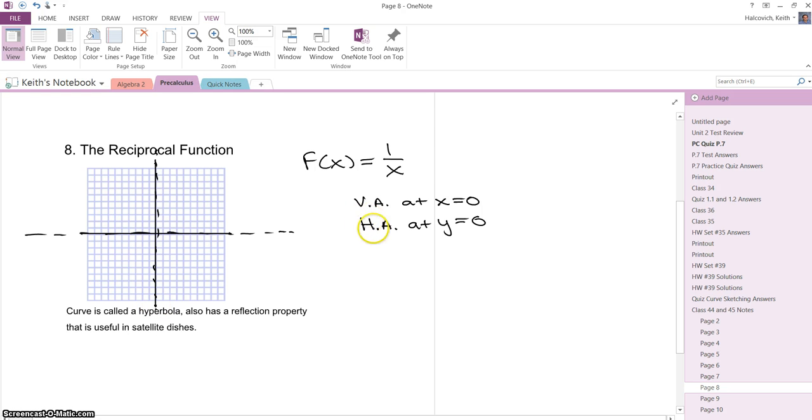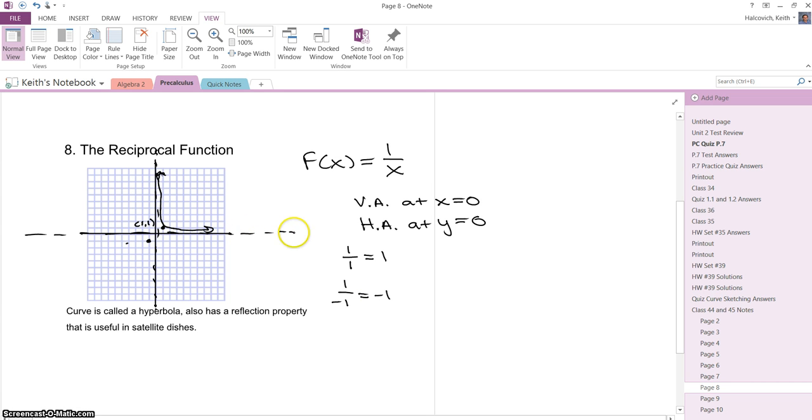This is kind of like what we just got done doing. If I put 1 in, so 1 over 1 is equal to 1, so the point 1, 1 would exist. And note, remember, it's going to follow the asymptotes. And then if you put negative 1 in for x, 1 over negative 1 will give you negative 1.